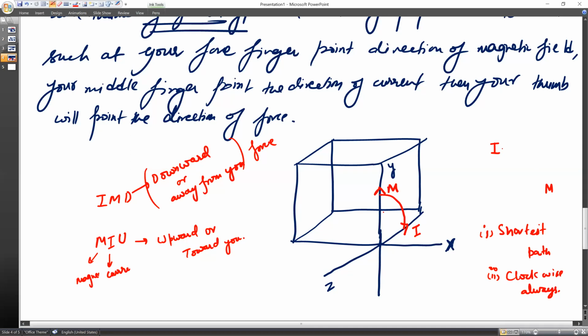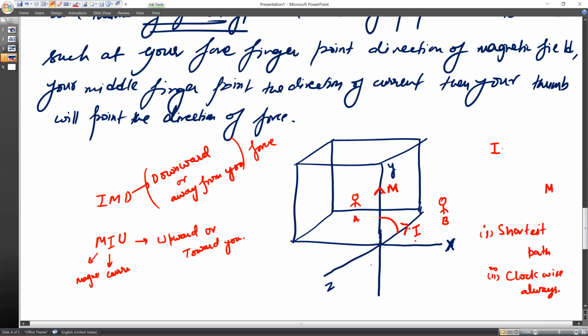Now tell me, if you are joining this M I, this is the clockwise path now. Yes, sir, clockwise. So do you think that you are standing here at position A, or here at position B? Where are you looking from? Sir, from B. From B, right? So this is M I U. U means towards you.